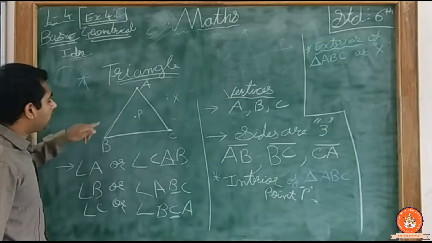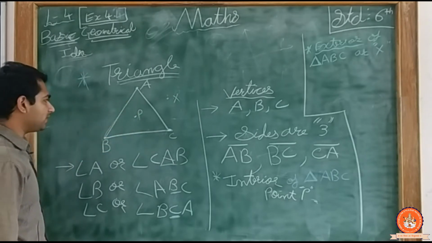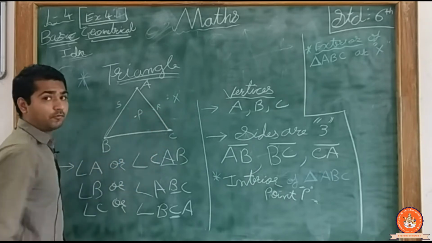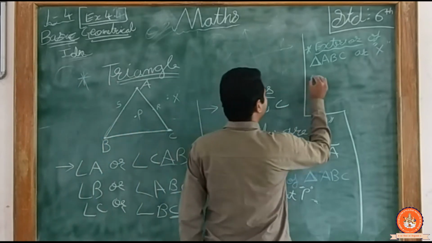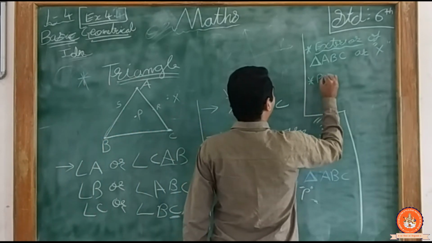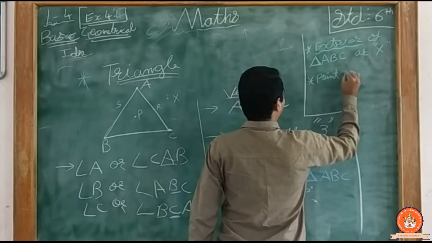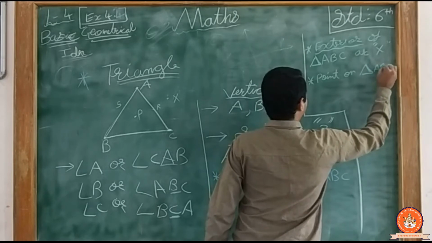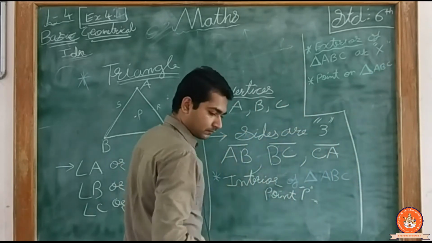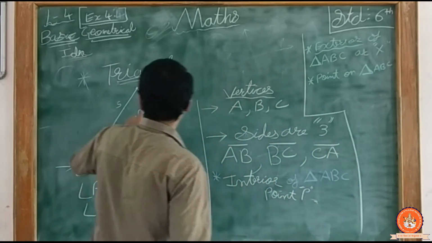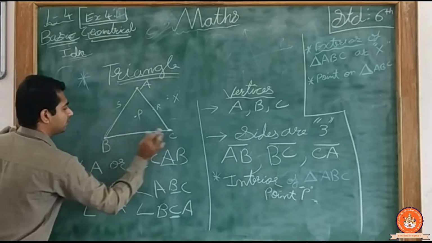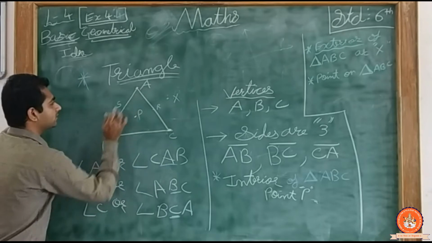The points on triangle ABC. Which are the points on triangle ABC? This is my triangle ABC. Which are the points?